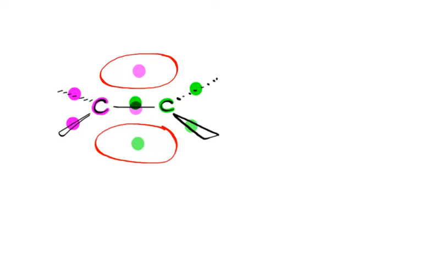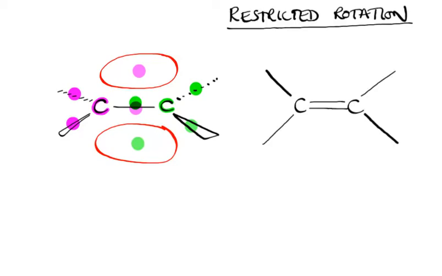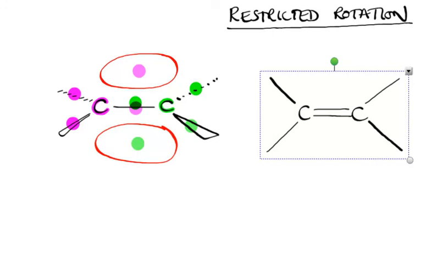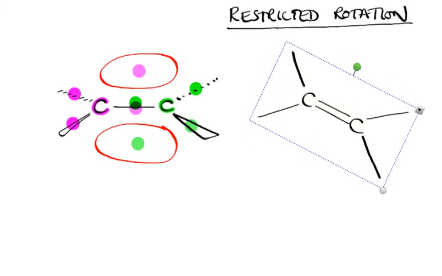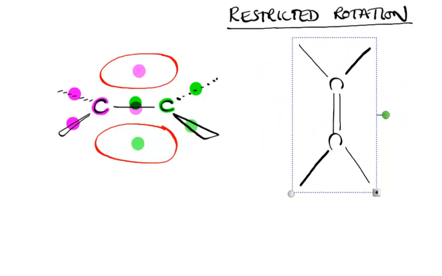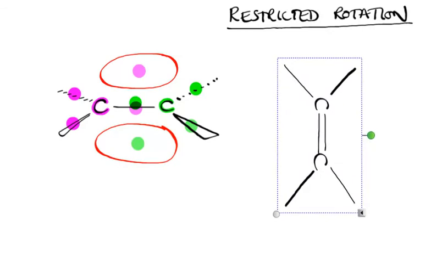Now, one important feature of a carbon-carbon double bond is that this gives it restricted rotation. So if we take a molecule with a carbon-carbon double bond, and if we turn it into what looks a little bit like a person, so there's a slightly disconcerting face.